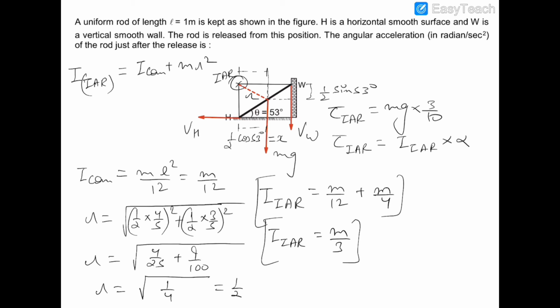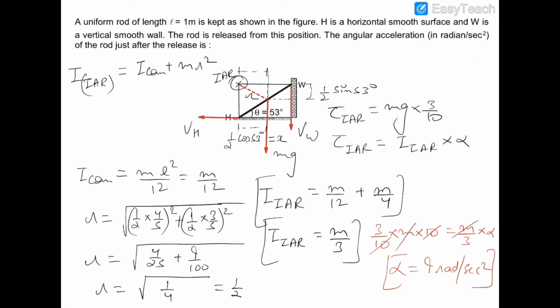If we substitute the values in this equation, this is 3 by 10 and mg is 10, which is equal to I about IAR, m by 3, into alpha. Cancelling m with m, 10 with 10, alpha is equal to 9 radians per second square. So this is the required angular acceleration of the rod. And mind you that this angular acceleration alpha about IAR would be the same as that about the center of mass of the rod. So the answer would be 9.